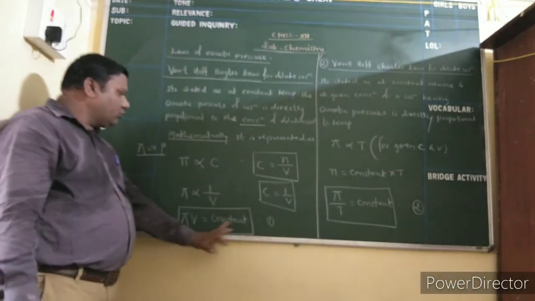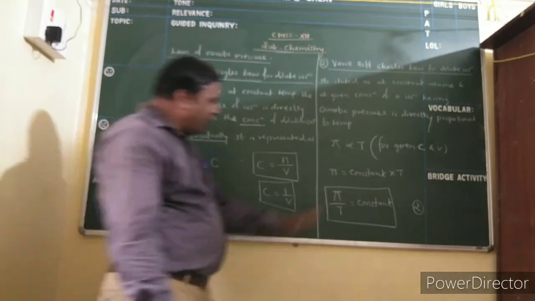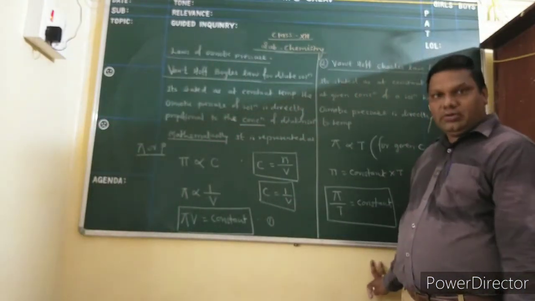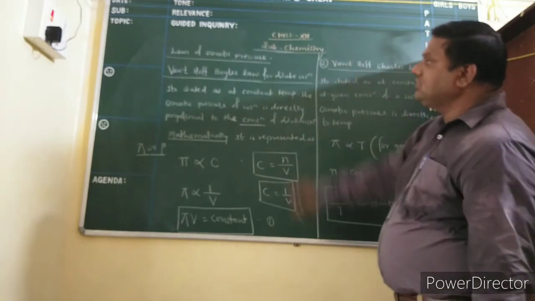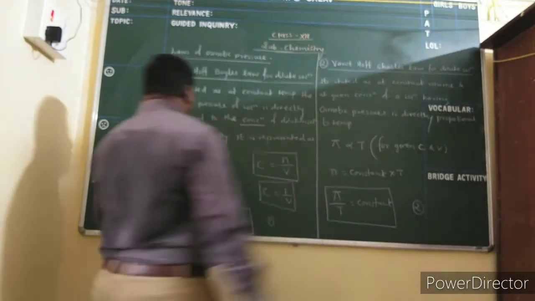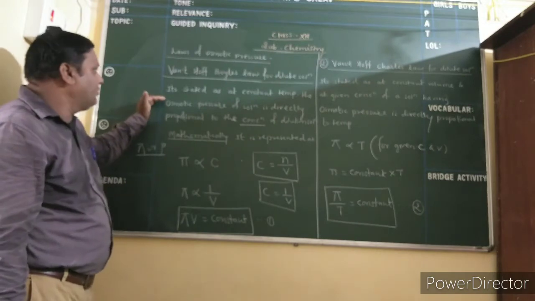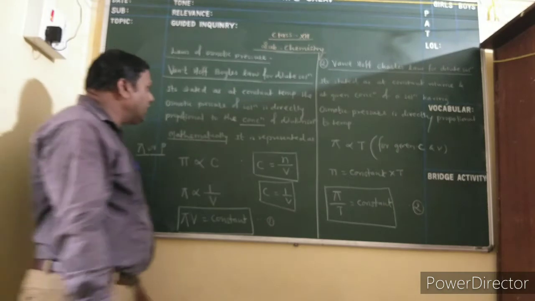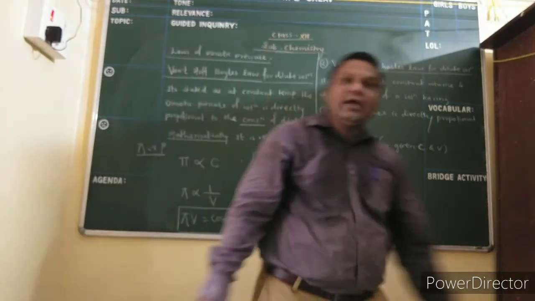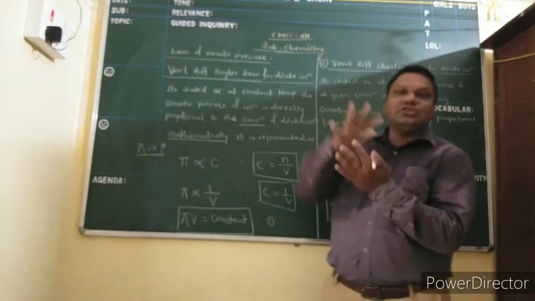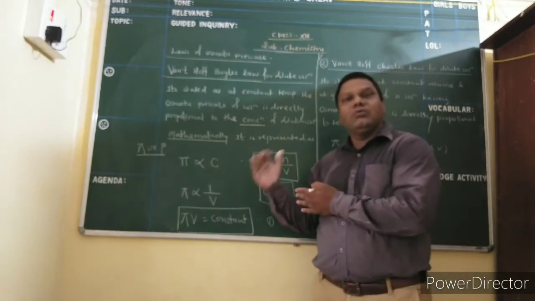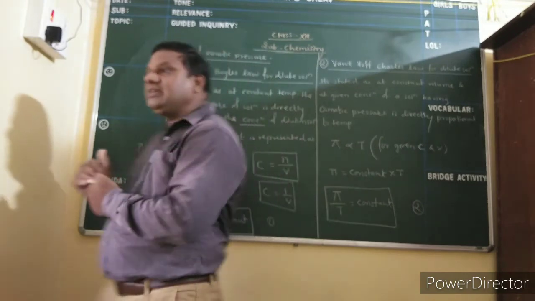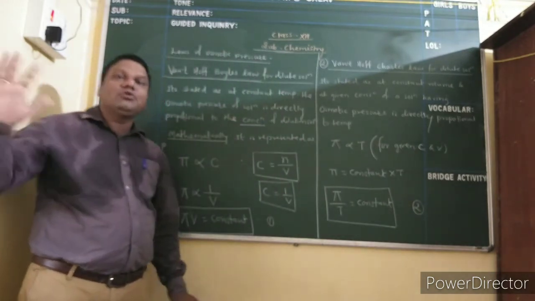See, PV is equal to constant for Boyle's law. Pi upon T is equal to constant for Charles' law. Please note this down. Again I repeat, in two minutes. Boyle's law says that at constant temperature the osmotic pressure of a solution is directly proportional to concentration of dilute solution. Now here concentration is equal to 1 upon V, meaning concentration is inversely proportional to volume.